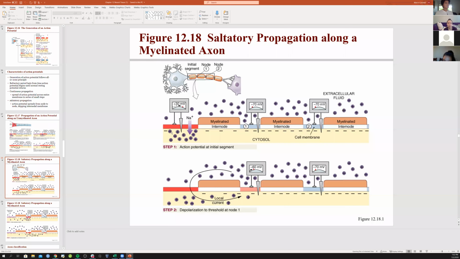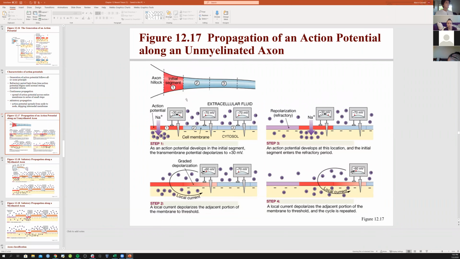The changes in membrane potential whenever you open sodium channels, and the changes whenever you open potassium channels, are only occurring at the nodes, because those are the only places that contain the voltage-gated sodium channels and voltage-gated potassium channels.